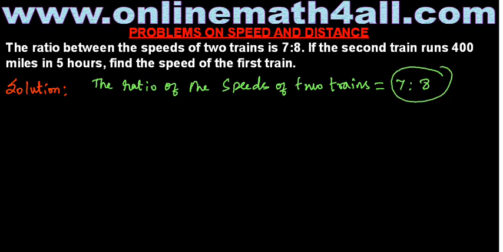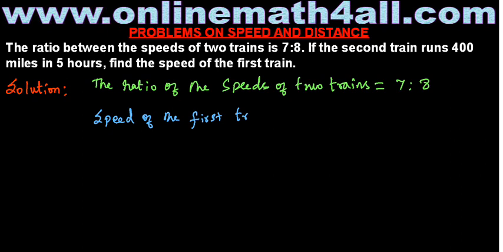From this ratio, if I need the speed of the first train and the speed of the second train, what do I have to do? I'll show you here. Speed of the first train is equal to 7x. Speed of the second train is equal to 8x.